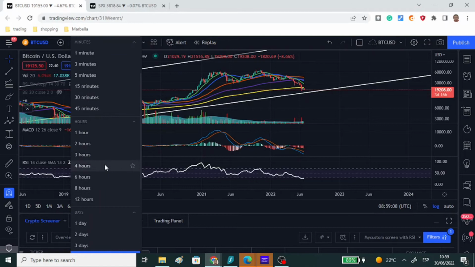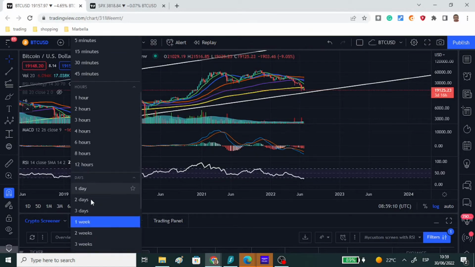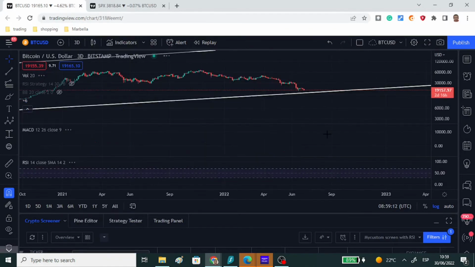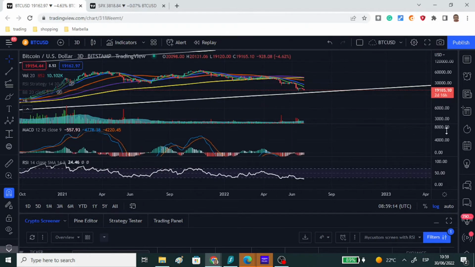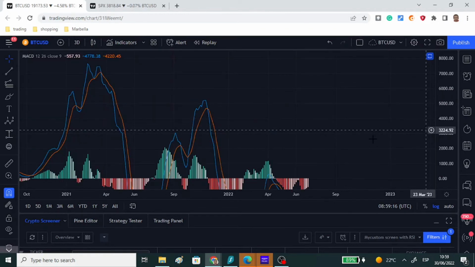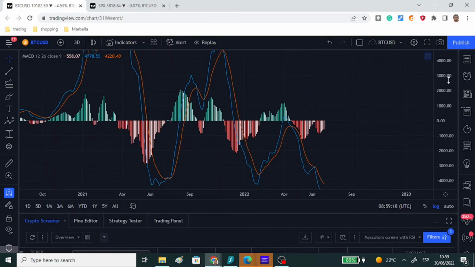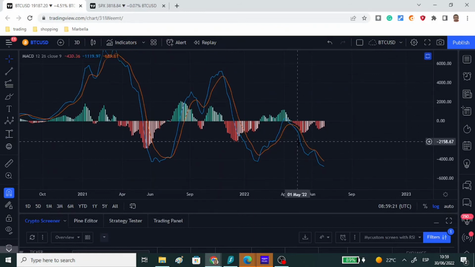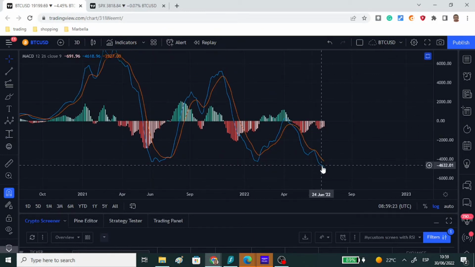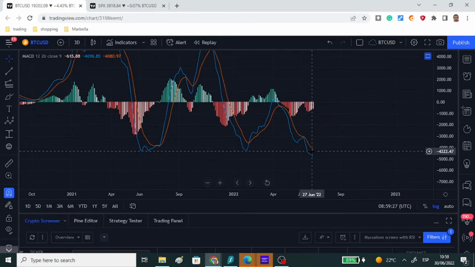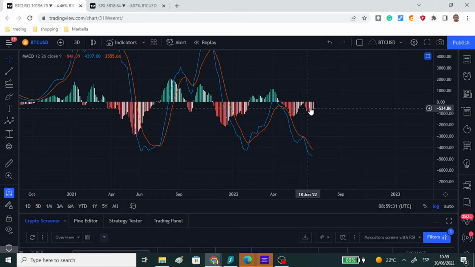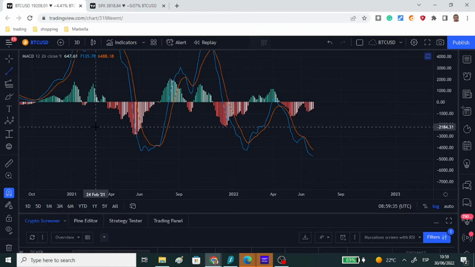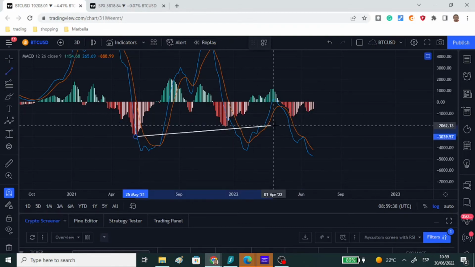Look at the 3 days. MACD. Again, the histogram really extended out really far away from the signal line here. Histogram, I'm not too sure. Let's have a look at this.